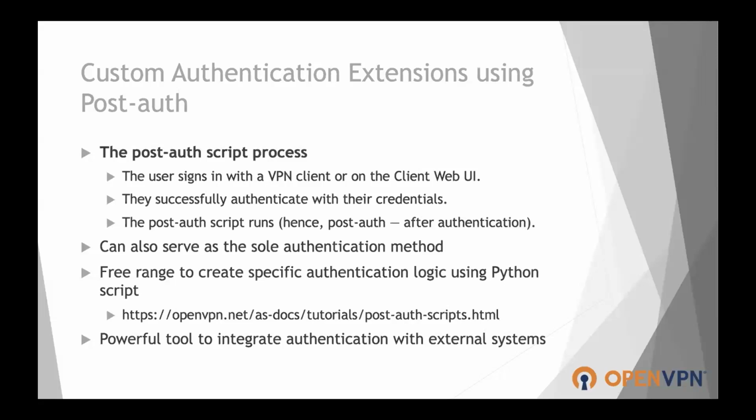Once they successfully authenticate with their credentials, the post-auth script comes into action, and you can use it to create more checks, check more attributes, and then provide a final authentication response, whether the authentication is successful or not.